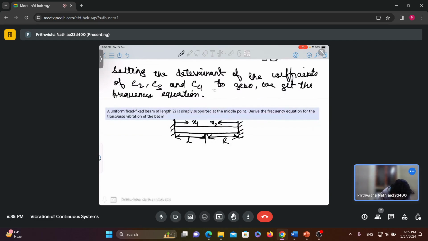Now we can write in terms of coordinate x1 first, and the function w is called the normal mode here.